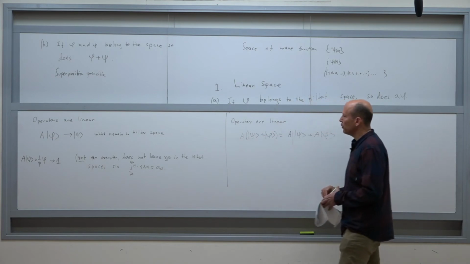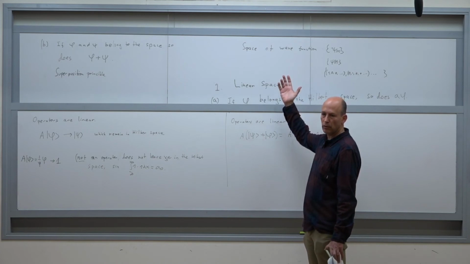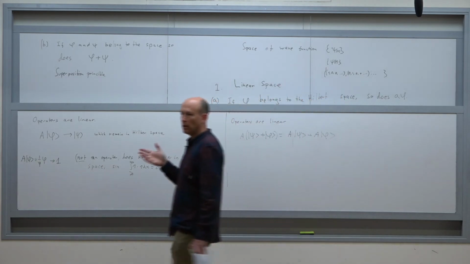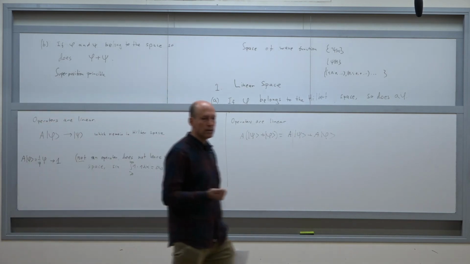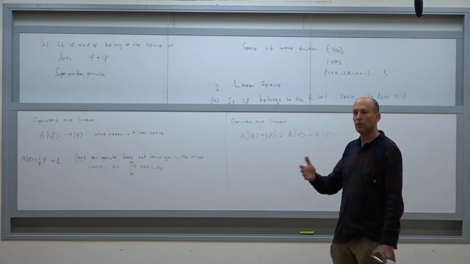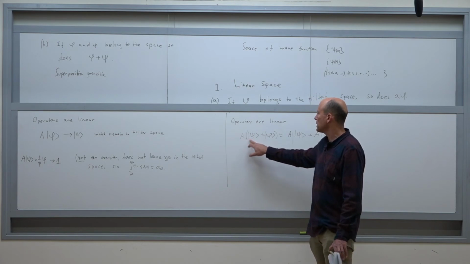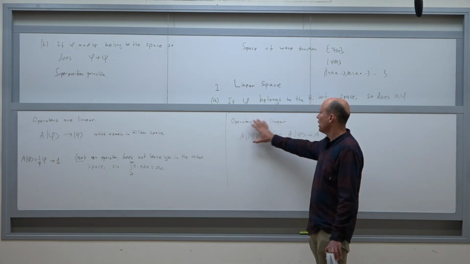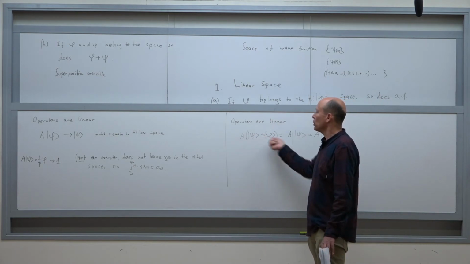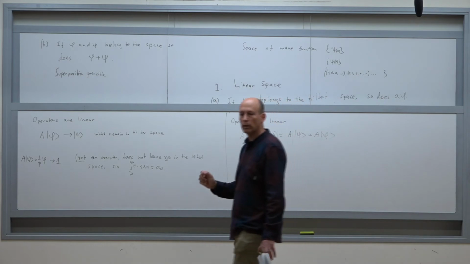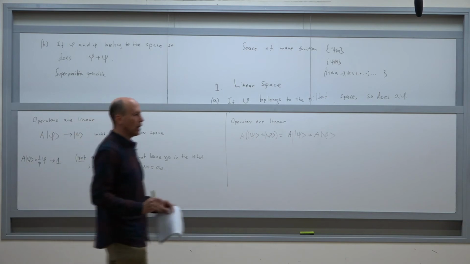You can define an operator, let's say you have two wave functions, and then let's say you square both of them, right? That's an operation. But our operators, which will correspond to physical objects like position, momentum, energy, whatever, will always be linear. One of them is acting on this guy, one of them is acting on this one. You are not going to do anything which breaks this linearity. All the operators in physics are linear operators in this sense.